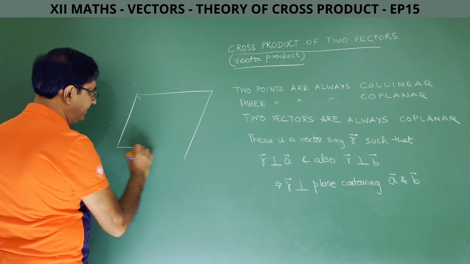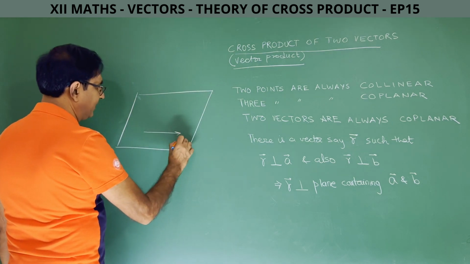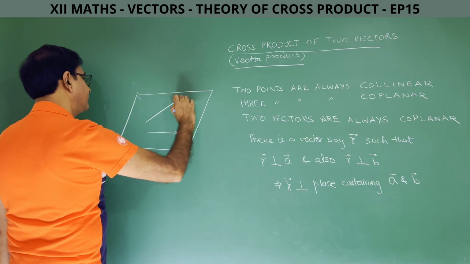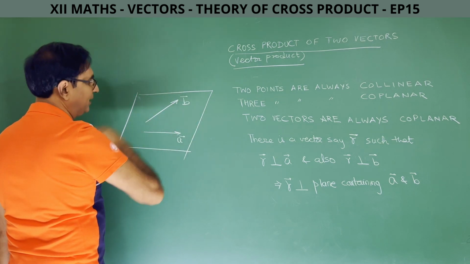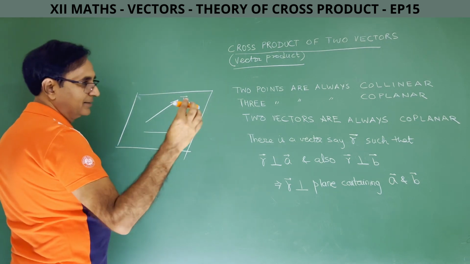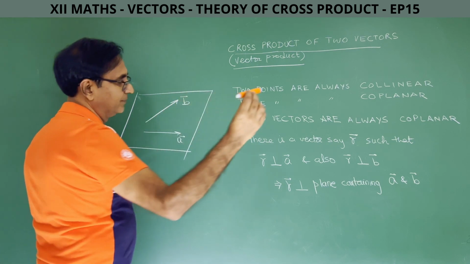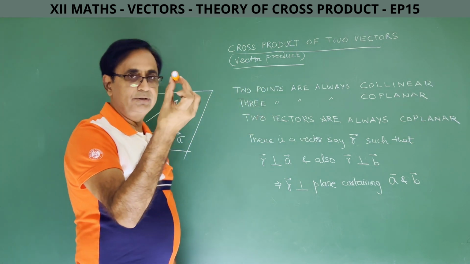See, I have drawn a plane. This is vector A, this is vector B, both the vectors are coplanar. My vector, suppose this is a vector R. Now this chalk holder, you can see in my hand.